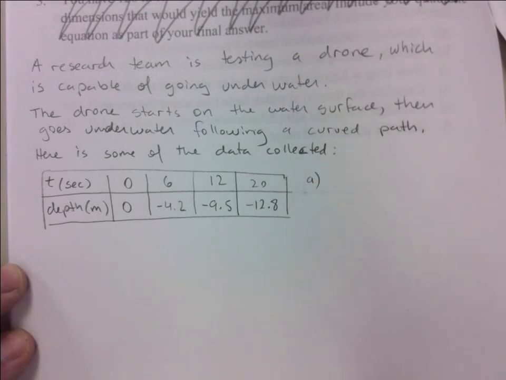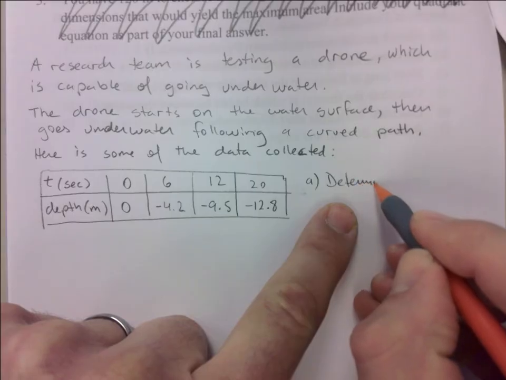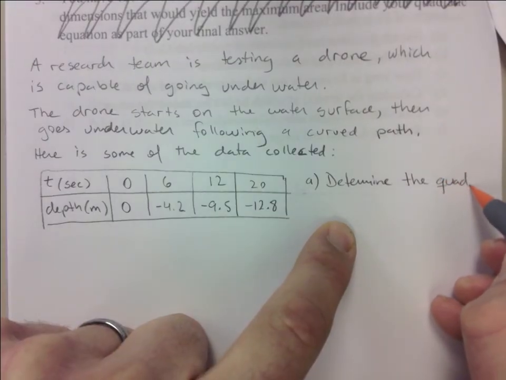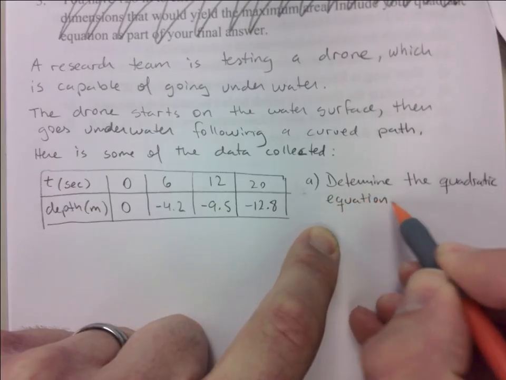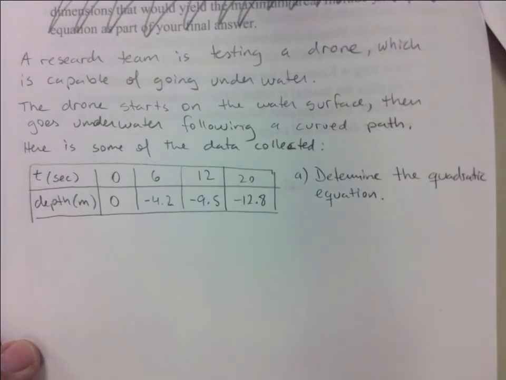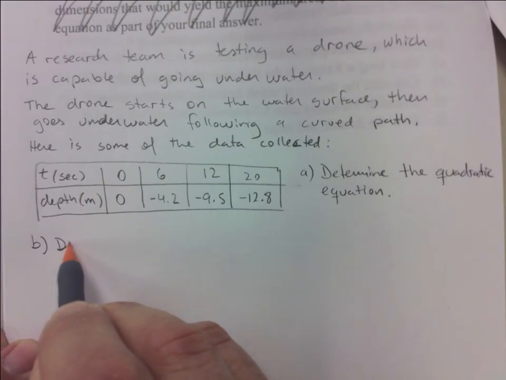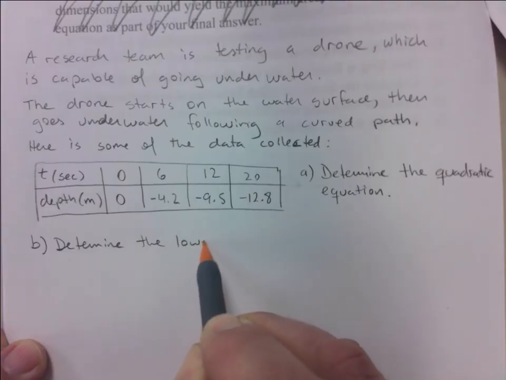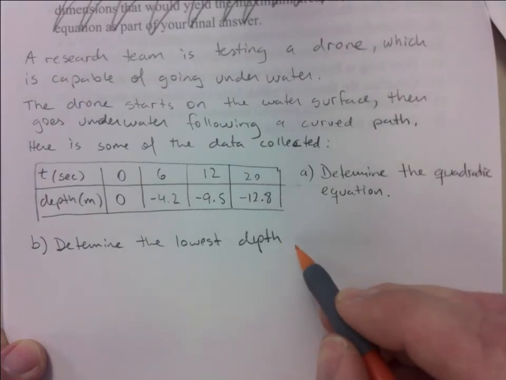A, determine the quadratic equation. And we'll do B right under the table here. Determine the lowest depth along the path.